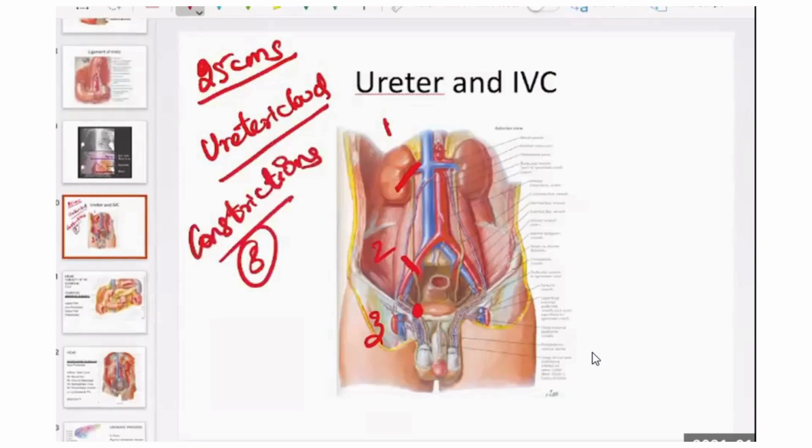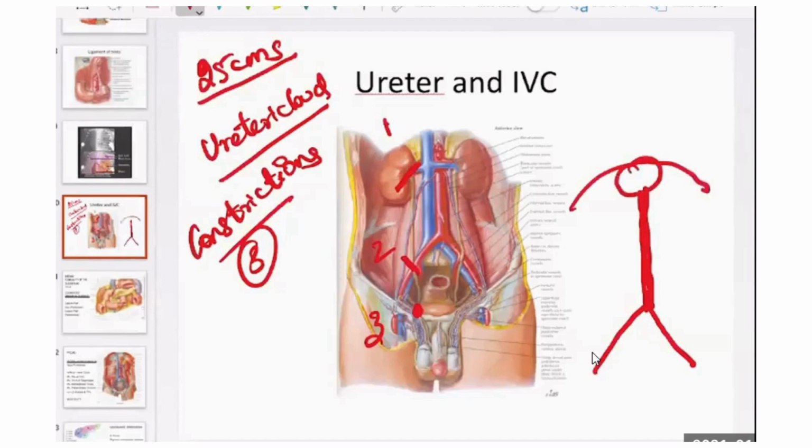See on the picture for IVC, right? Is it right to the abdominal aorta or left to the abdominal aorta? It is right to the abdominal aorta. So for the formation of the inferior vena cava, right and left common iliac veins unite to form the IVC, which grooves the surface of the liver. Am I right? It is related to the caudate lobe. Then it pierces the diaphragm through the vena caval opening.